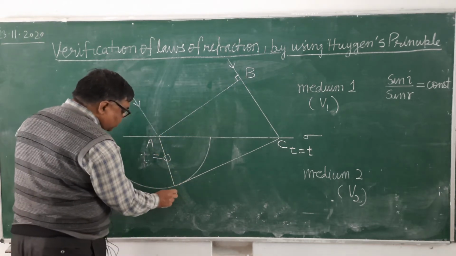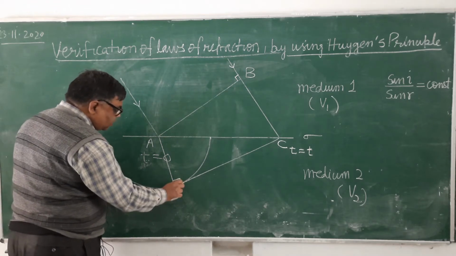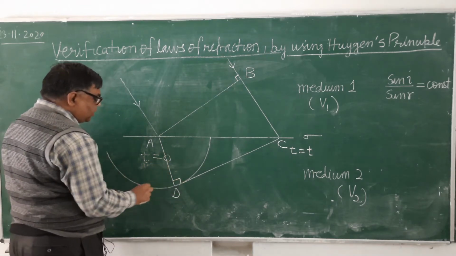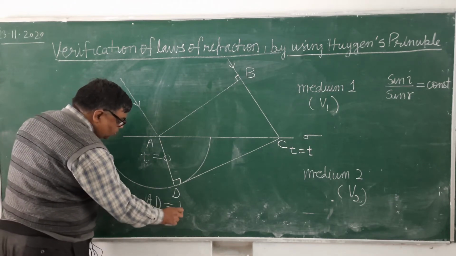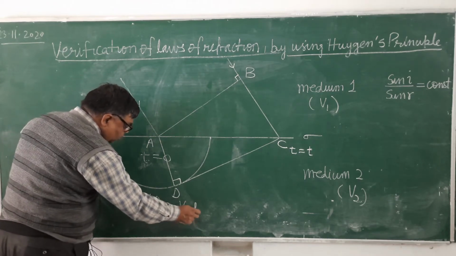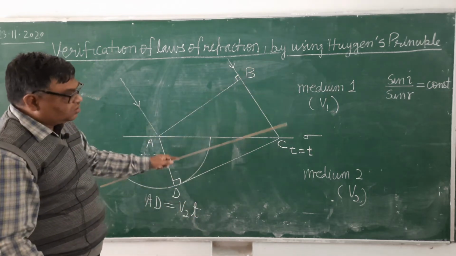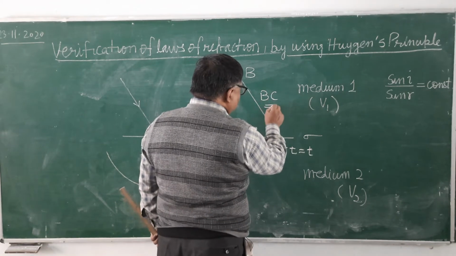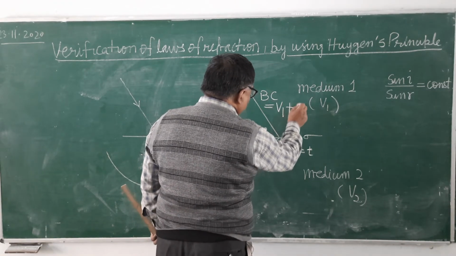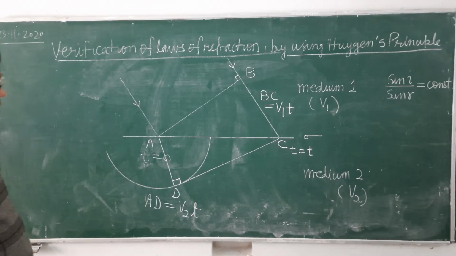This point you can name as D. It's clear? What will be AD here? AD will be equal to V2 into T, while this BC will be equal to V1 into T. It's clear?